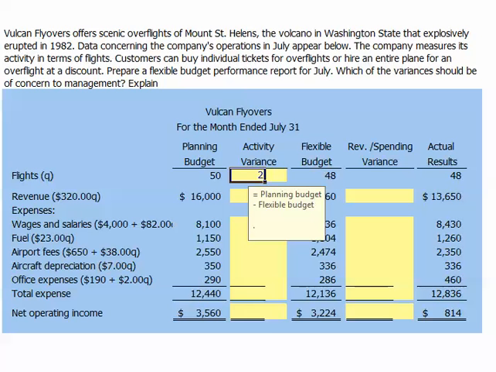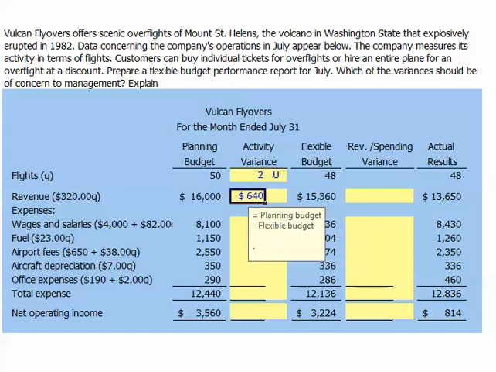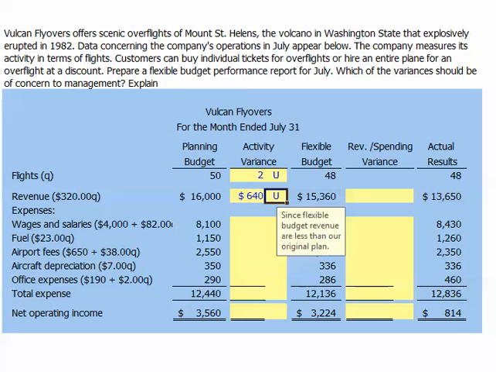From an activity perspective, we had 2 fewer flights than we had originally expected, which would be an unfavorable variance. From a revenue perspective, our activity variance is $640. And again, this will be unfavorable because we flew fewer flights than we had originally planned or anticipated.